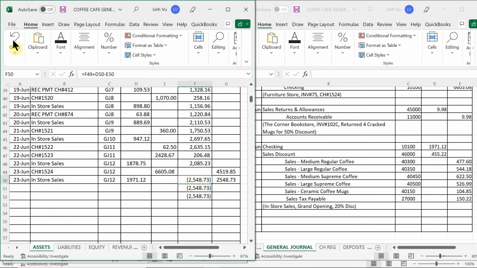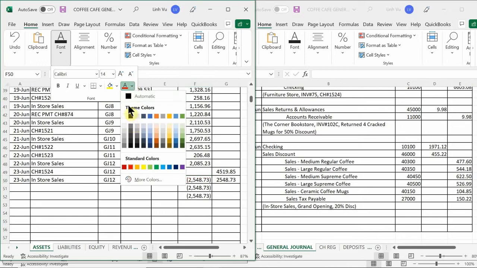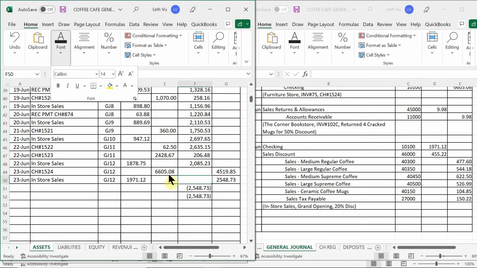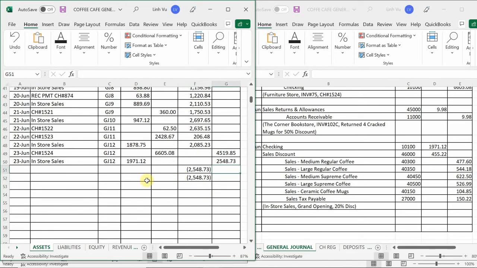Now it says negative, and I just hide it by making the font color white. That's all I do, and then just put the credit on the credit side. So that means I still have to put more money into my bank account to cover that check.